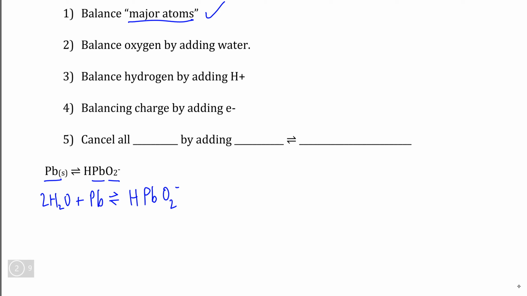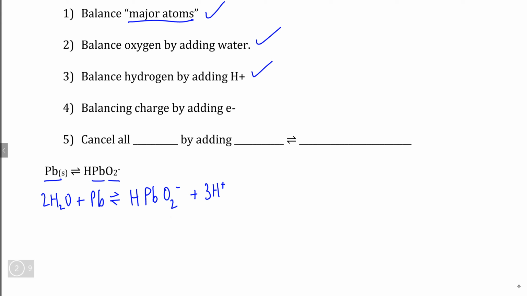But of course, when we add water, we're also adding in hydrogen, and even though we have one hydrogen atom on the product side, hydrogen still isn't balanced, so we can balance hydrogen by adding H+. There are 4 hydrogens in the reactants and only 1 in the products, meaning that we can add 3 H+ ions to the product side, meaning that all we need to balance now is the charge.